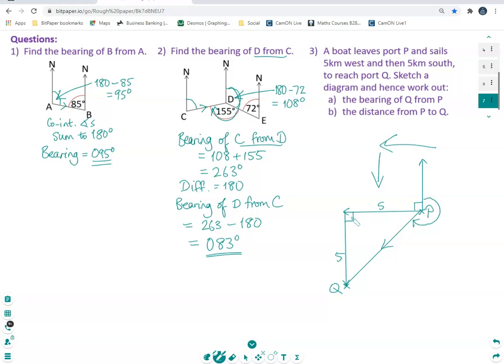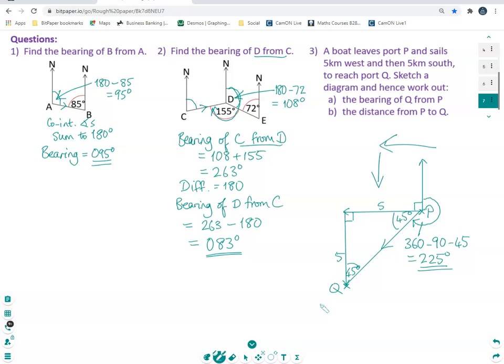So if this is 90 degrees, then these two must add up to 90, and if it's isosceles, they must both be the same, so that must be 45, and that must be 45 degrees. So if this is 90 and this is 45, then if we take those away from 360, what we get is 225 degrees, and that's your bearing.